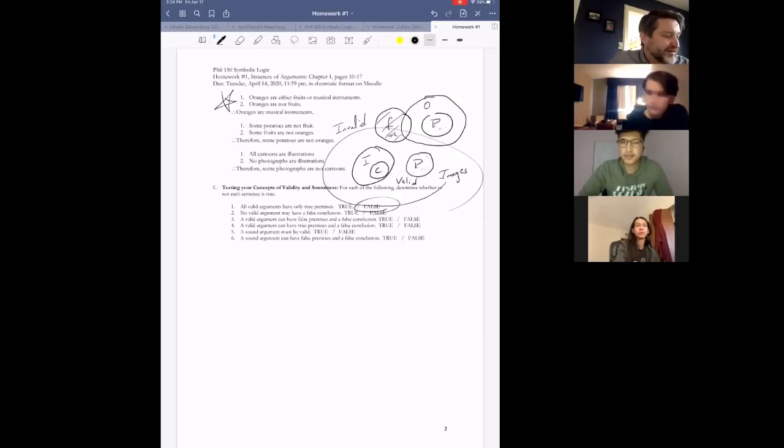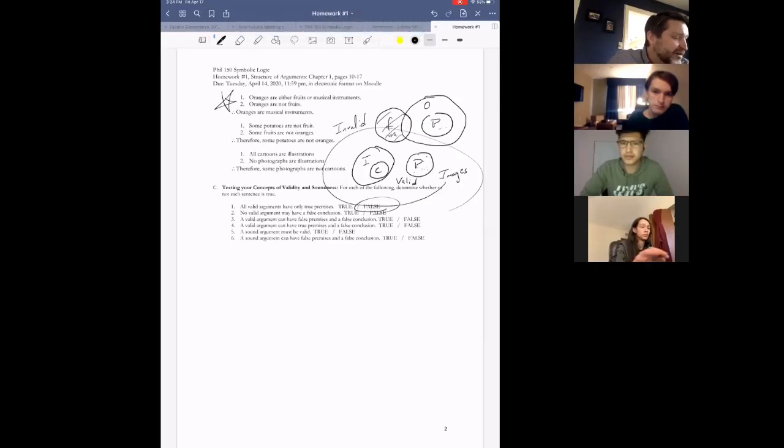Oranges are not fruits. Therefore, oranges are musical instruments. So "oranges are not fruits" is false, but this is still a valid argument. That's a counterexample to statement one. Statement one is false.